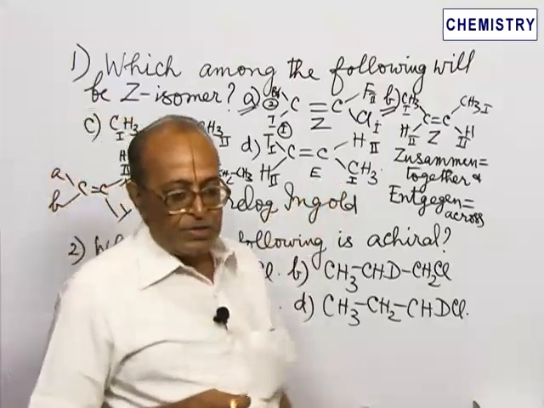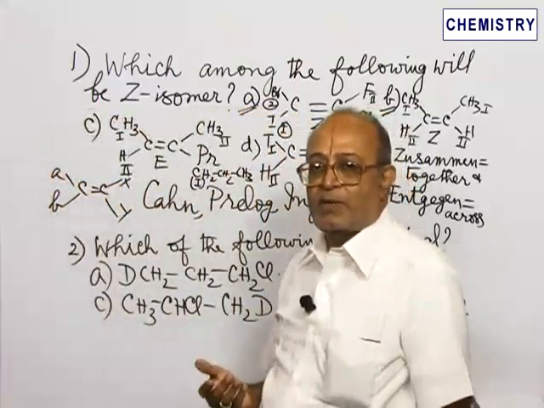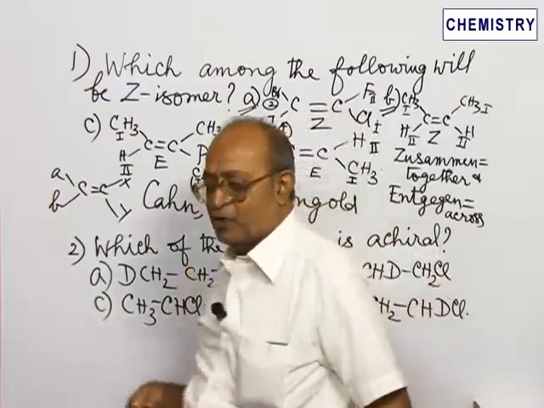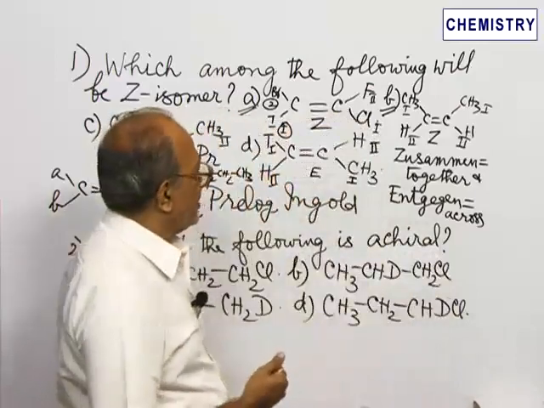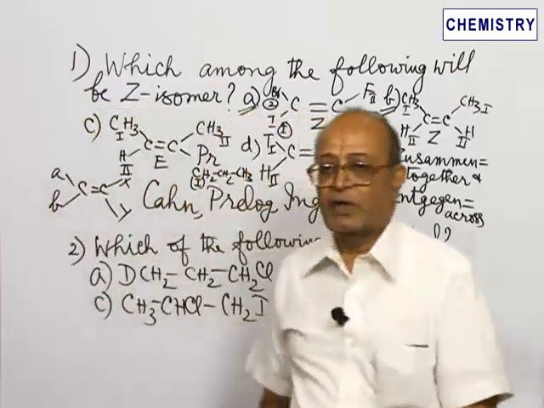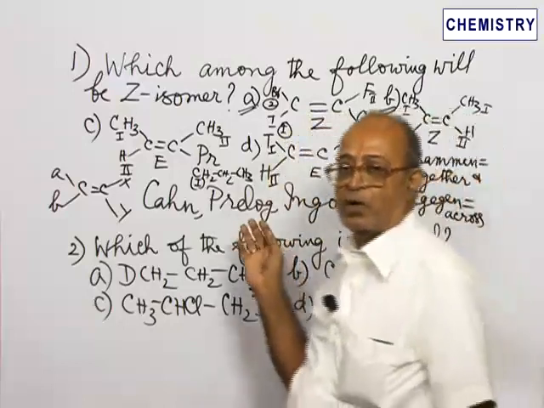So, cis and trans isomerism or geometrical isomerism, we can also make use of this sort of notation E, Z isomers proposed by Cahn, Prelog and Ingold.